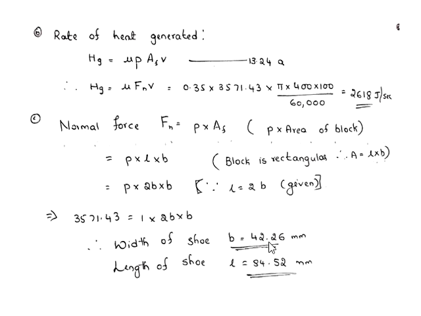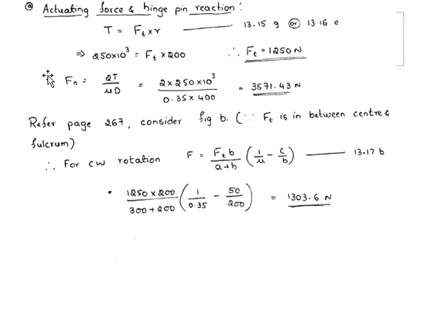You will get B as 42.26 mm and length twice the breadth, so 84.52 mm. So to find out dimensions of block, you have to use equation P into A is equal to Fn, where Fn you can calculate using equation 2T divided by mu into D. You will get Fn value.